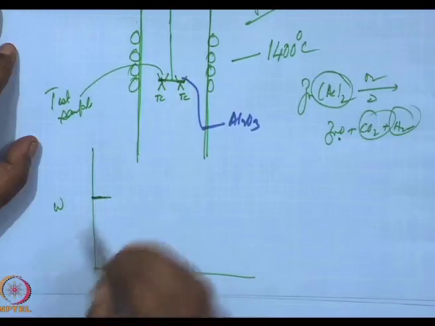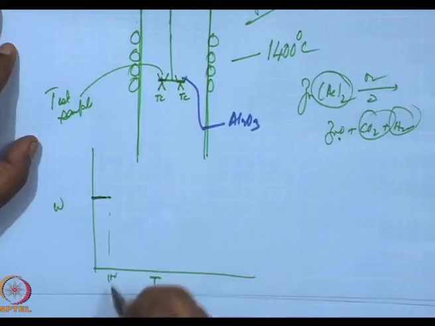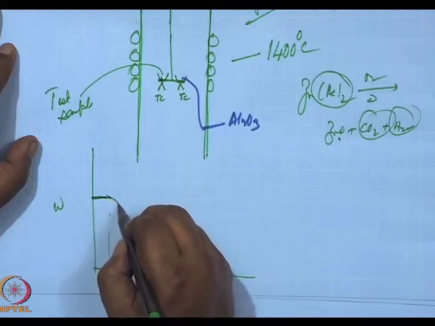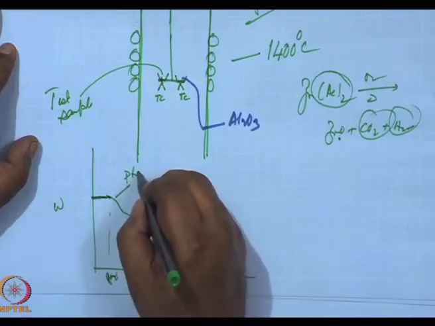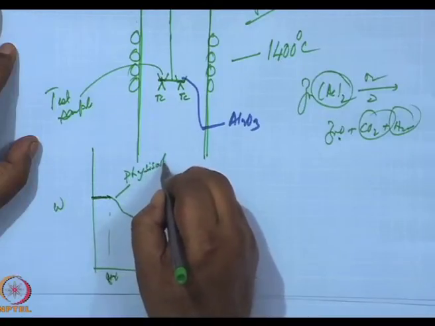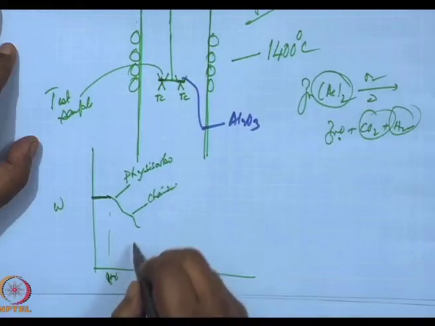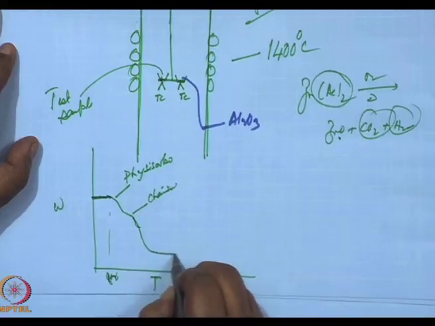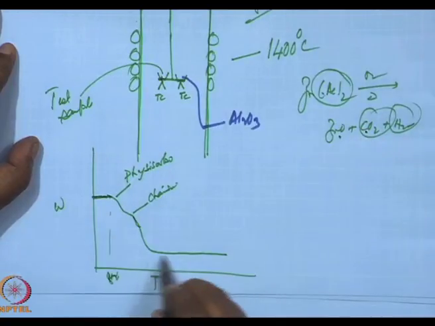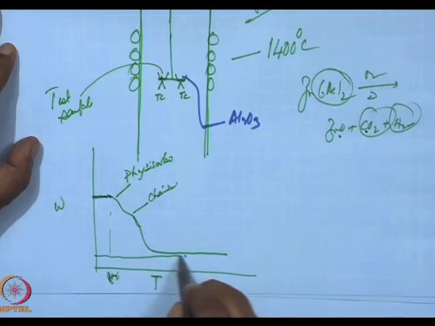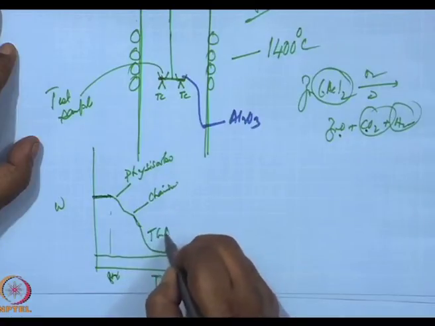So, we heat it around 100 degrees centigrade, around 80 degrees it starts losing water, then the chemisorbed water, this is the physisorbed, and this is the chemisorbed water. Then the actual decomposition occurs, zinc acetate to zinc oxide. So the weight drops and at a particular temperature it becomes constant. This is TGA.